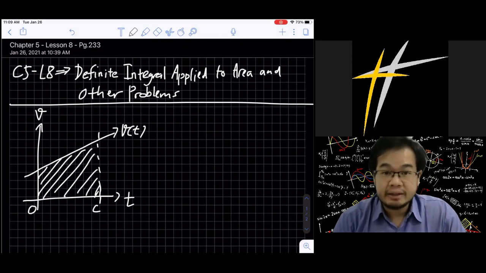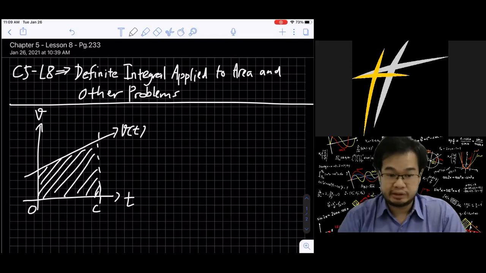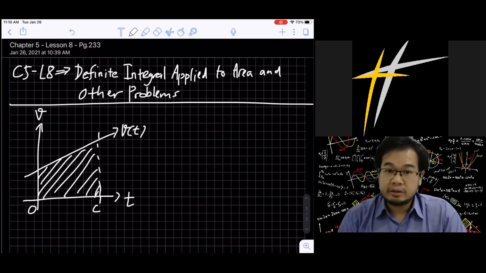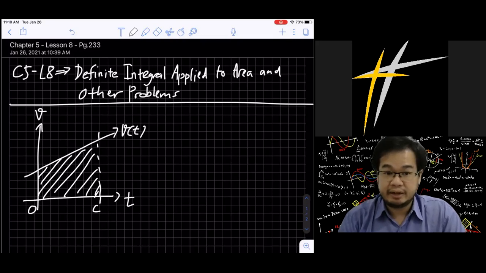It's nice if the shape is something we are familiar with. For example, in this case it's a trapezoid. Maybe sometimes it's a rectangle, or maybe a triangle. Then you can just find the area with the formula that you know.